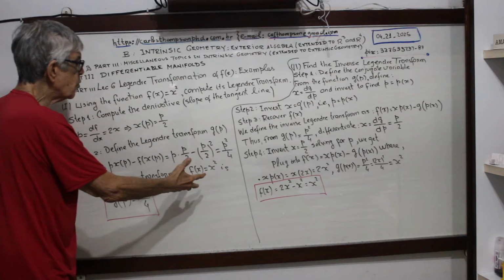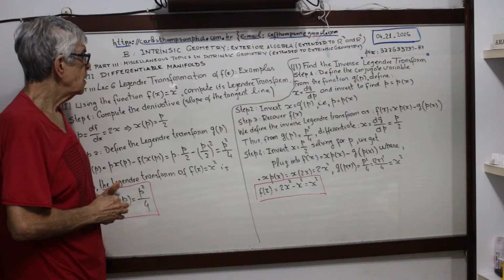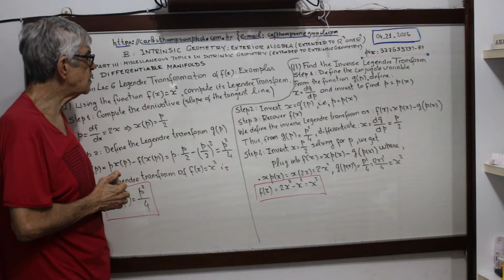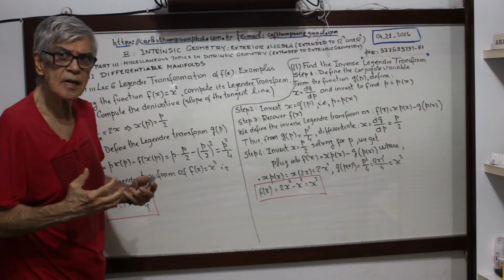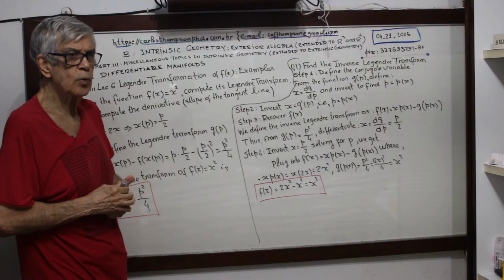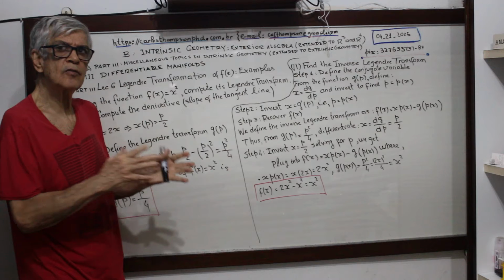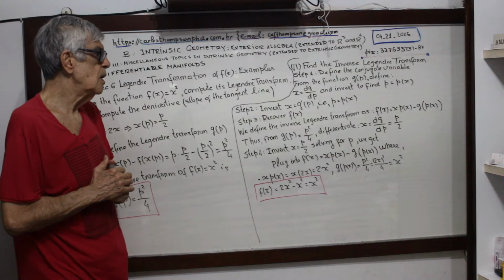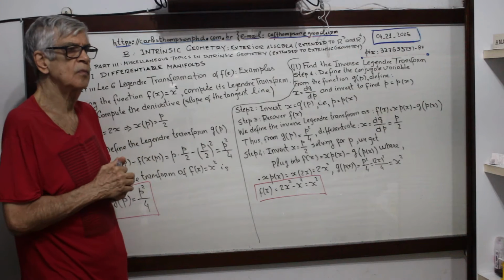Now, this example here will make sure that you understand clearly what we did for the Legendre transformation. You see, then you used f of x.